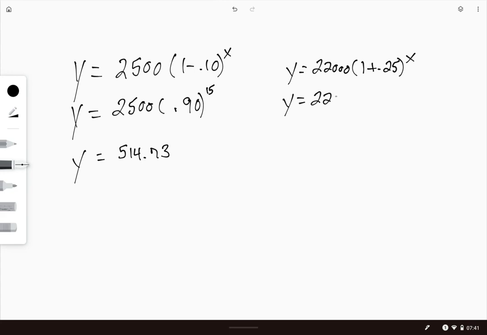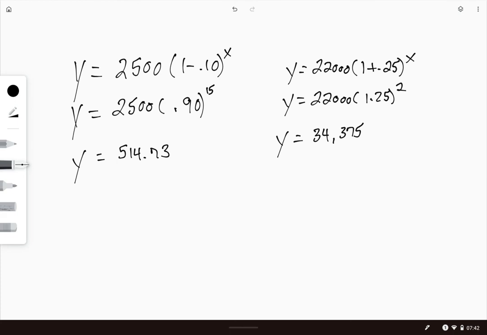So y equals 22,000 times 1.25 to the x power. All right. And this time for x, I'm going to put in 2 weeks. So here my answer is going to be 34,375.